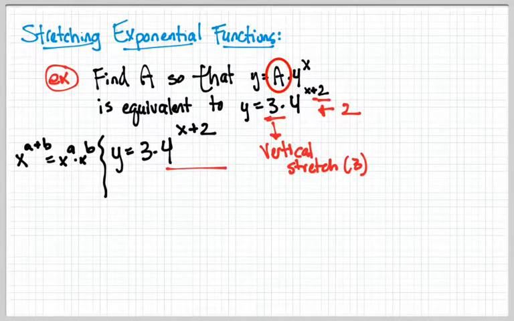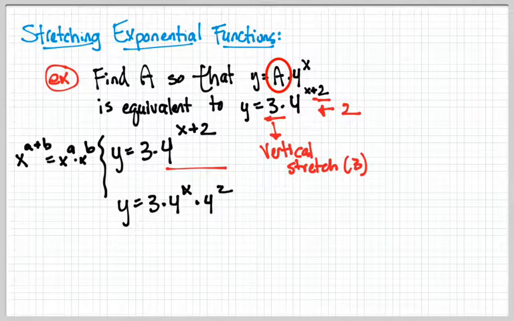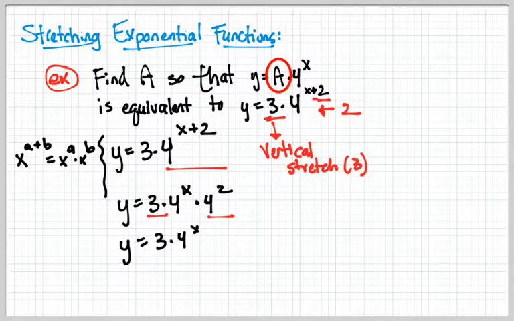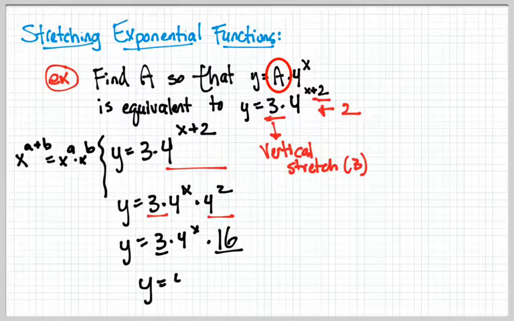So if we rewrite this, we'll have y equals 3 times 4 to the x times 4 squared. Use that property. Now you can look at 4 squared and 3. We can combine those like terms. So we have y equals 3 times 4 to the x times 16. 16 times 3 is 48.